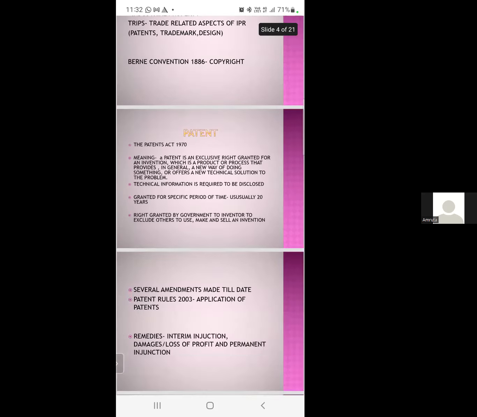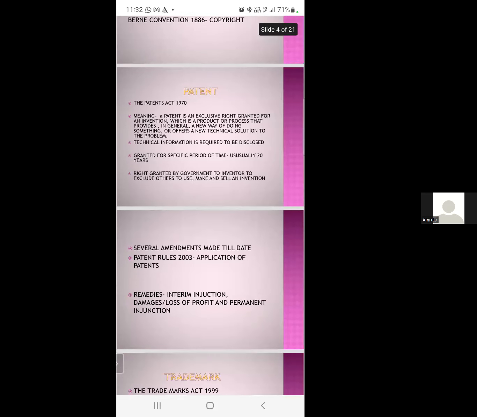Of course, similar to all the other laws, the Patent Act has been amended several times. For every act there are rules. For example, Patent Act, Patent Rules; Copyright Act, Copyright Rules; Trademark Act, Trademark Rules. The act gives the substantive rights to the person, the inventor or the author.